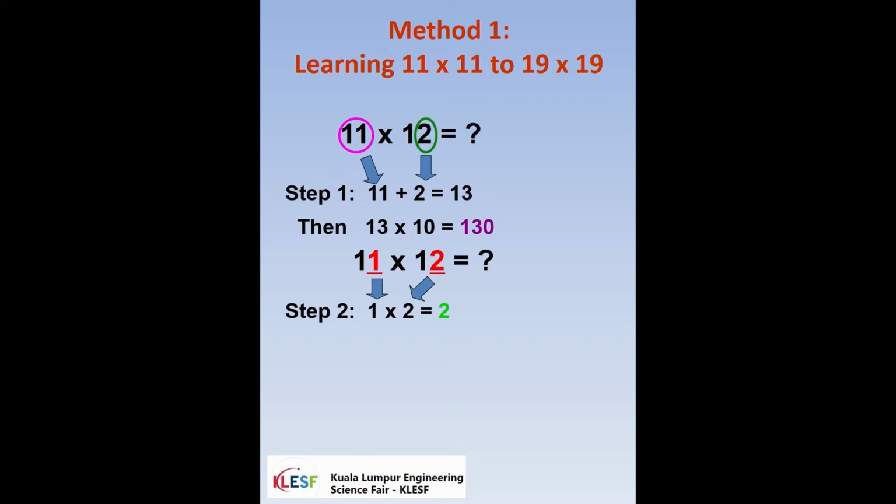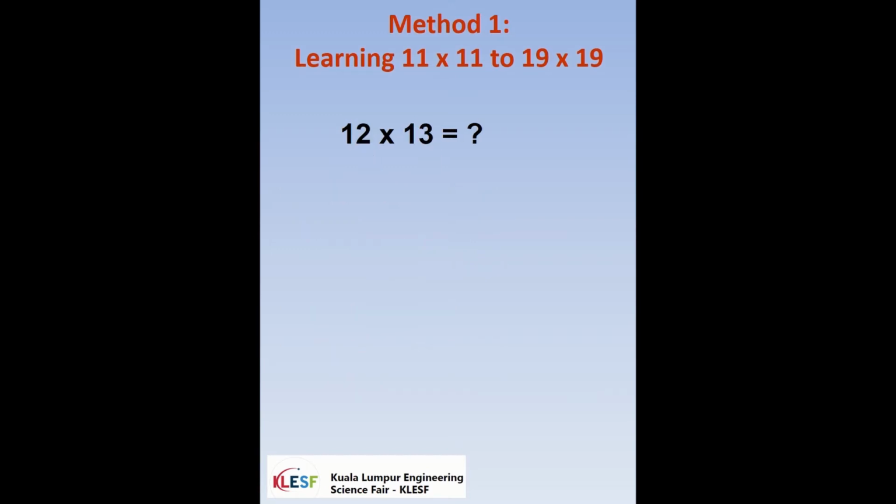Then step 2, we consider the last digits of the two numbers, which is 1 and 2. Then we multiply 1 times 2, which is equal to 2. Then we add the 130 obtained from step 1, plus the 2 that we obtained from step 2. It will equal 132. So 11 times 12 will equal 132.